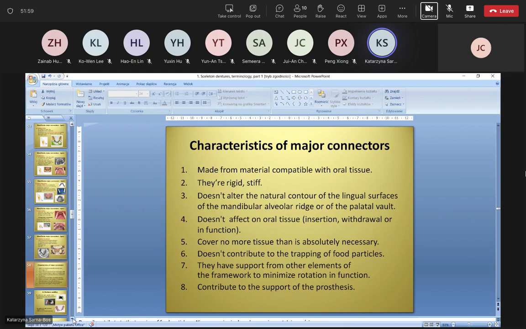They have support from other elements of the framework to minimize rotation in function and contribute to the support of the prosthesis.